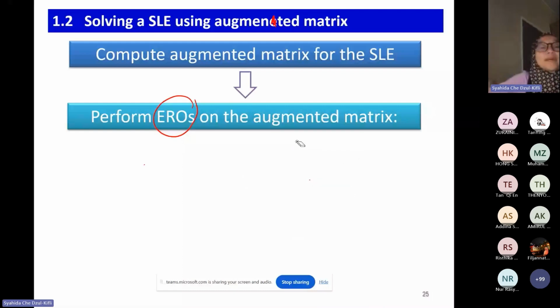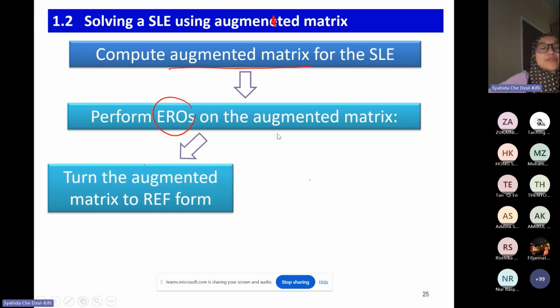First we compute the augmented matrix for the system of linear equations, and then we perform some elementary row operations on the augmented matrix to reduce it to a special form of matrix. We want to turn the augmented matrix into a special form called reduced echelon form.